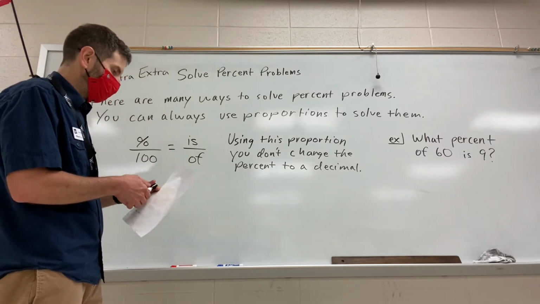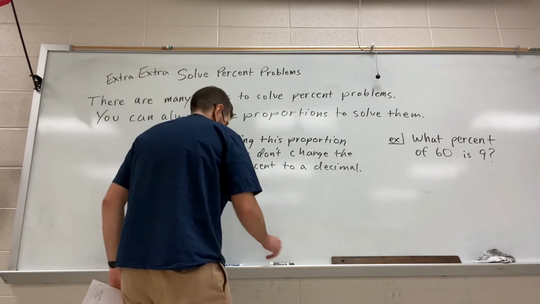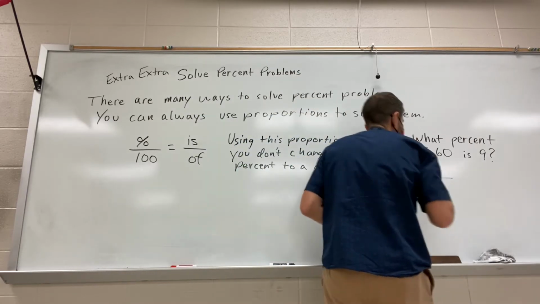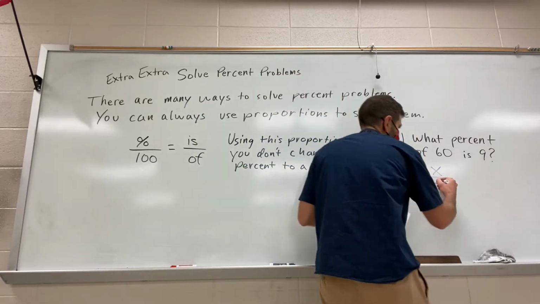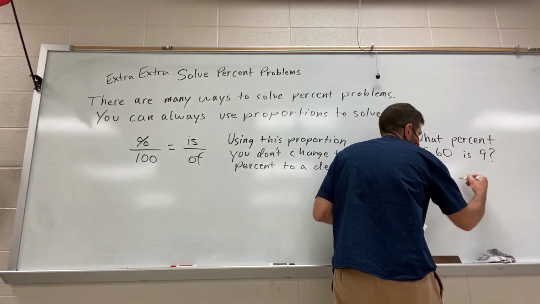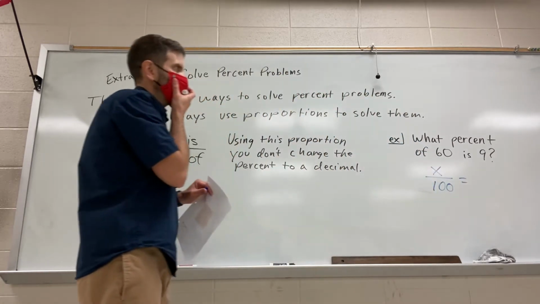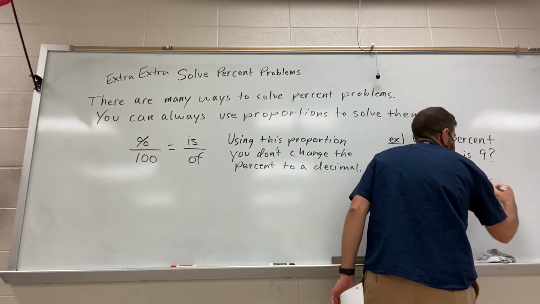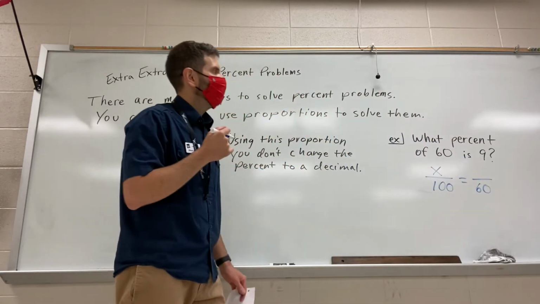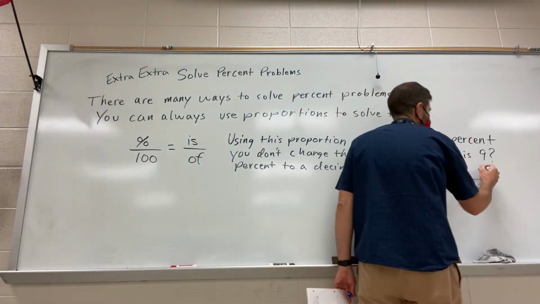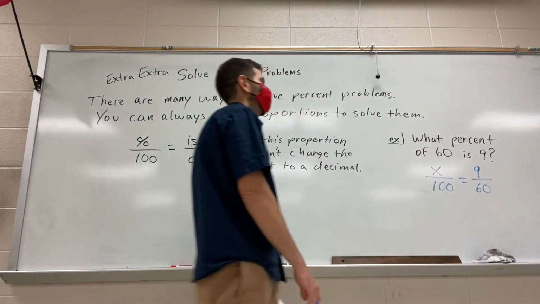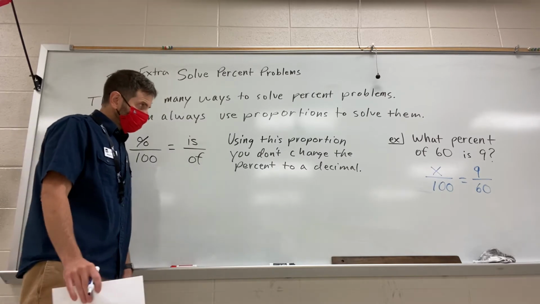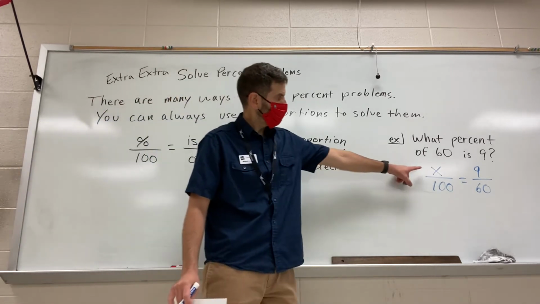So it's asking what percent. Well, since we don't know what the percent is, I'm going to use X. We don't know what the percent is, but it's percent over 100 equals is over of. Well, it says what percent of 60, so the of is on the bottom, is 9. And so this is the setup. So to solve this, you can actually just get X by itself.